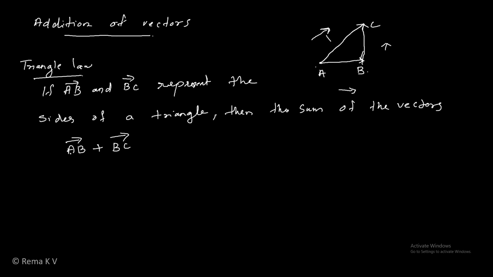See, here in this one, the initial point of vector AB is A and the terminal point is B, and this terminal point must be the initial point of the next vector, that is from B to C. Here the terminal point of vector AB is B. Here the initial point of vector BC is B.